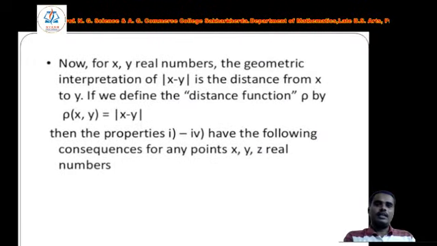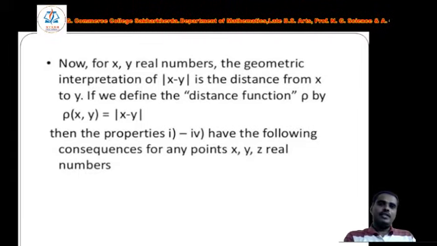Now for x, y real numbers, the geometric interpretation of mod of x minus y is the distance from x to y. This is the geometrical interpretation or geometrical meaning.